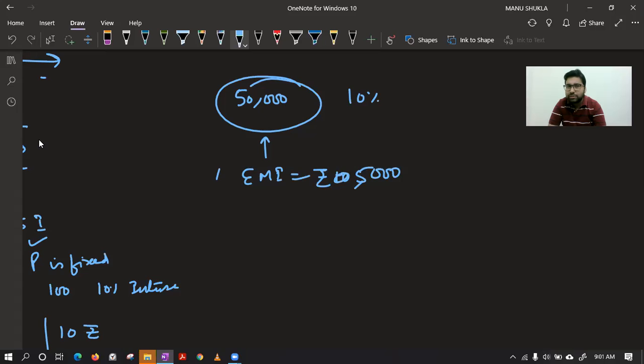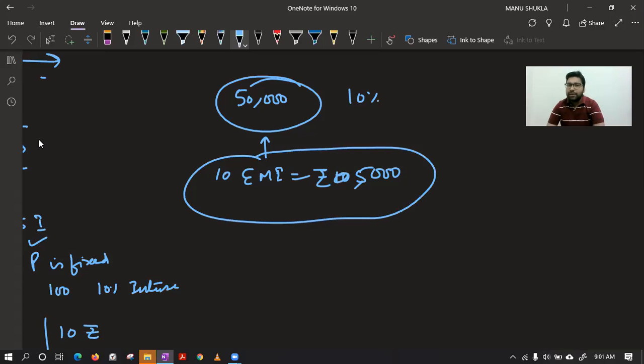There are 11 EMIs. Try to see. EMI means equated monthly installments.